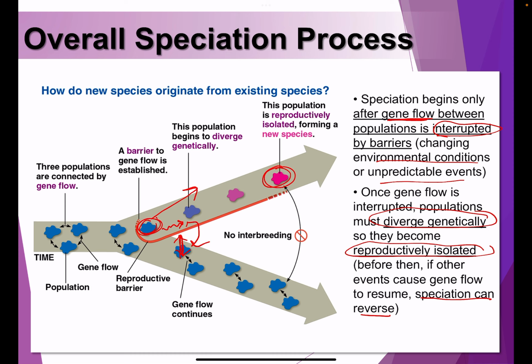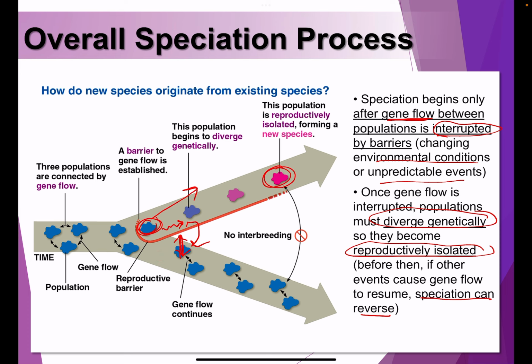So this divergence of genetics has to happen so that no reversal can happen. This divergence of species has to happen before gene flow can occur between the two species again, because once gene flow can happen between species, this whole process can reverse and go right back to the original population.